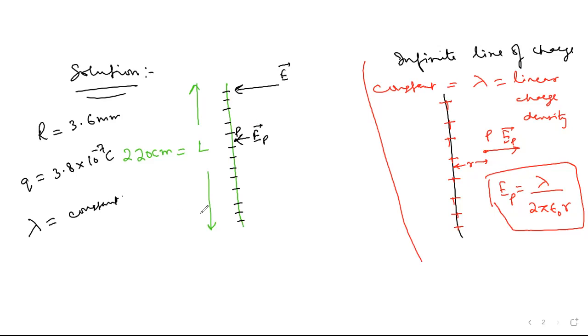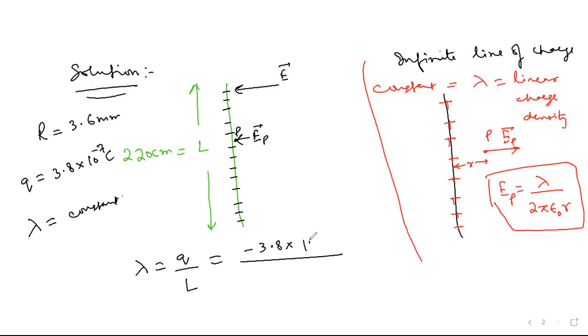For that, first we find the linear charge density. Q charge is distributed over the length uniformly. So it is Q by L. Q is minus because the charge is negative.